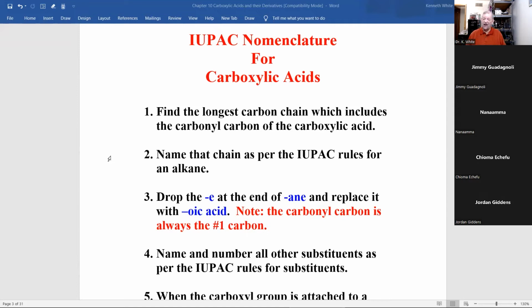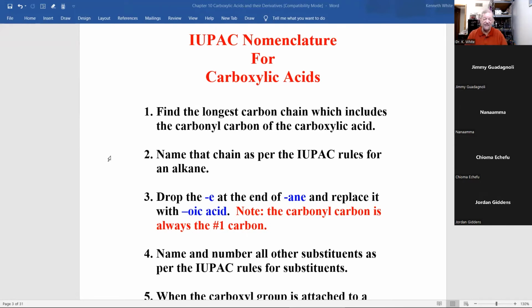So how do you name it? You find the longest chain with the carbonyl carbon. So if we count this one, 1, 2, 3, 4, 5, 6, 7, and that's heptane.